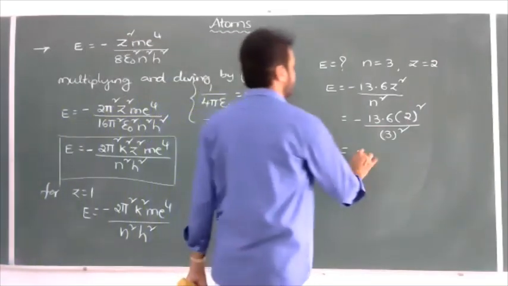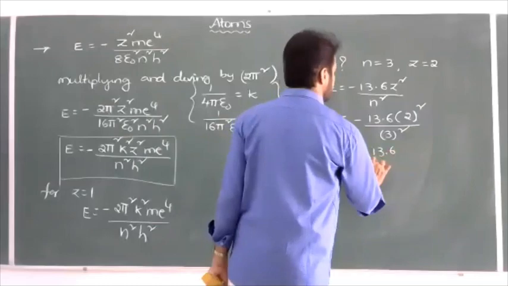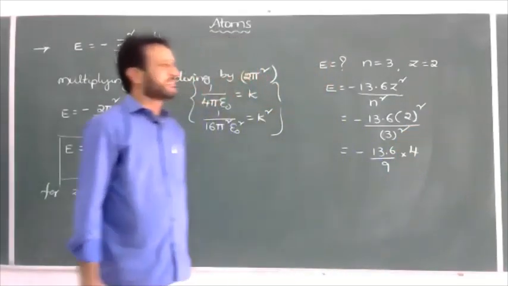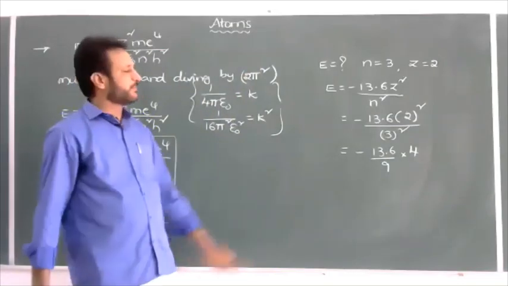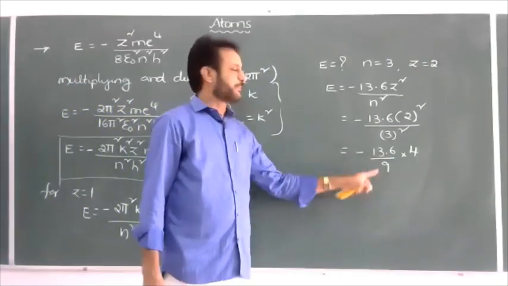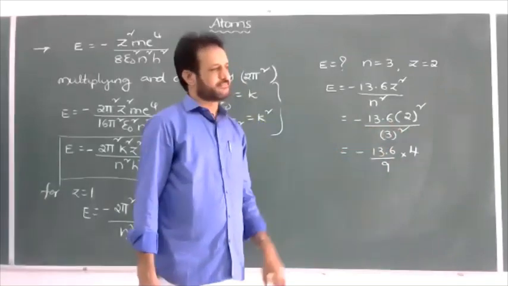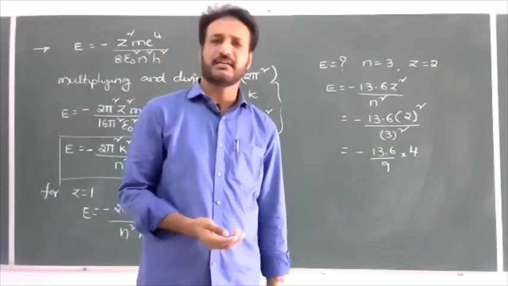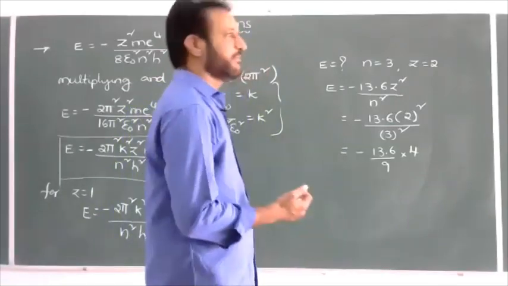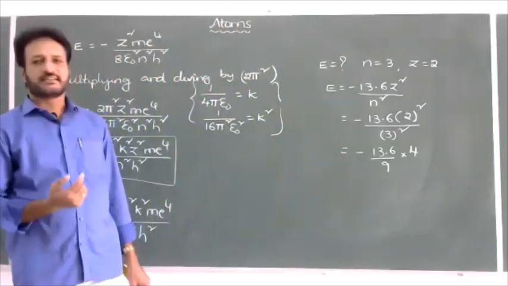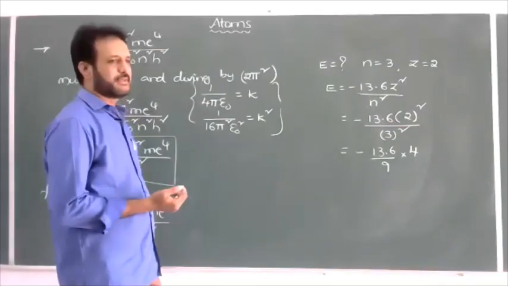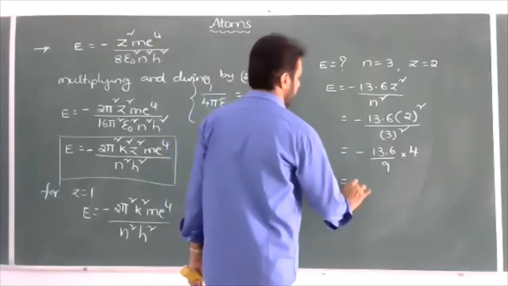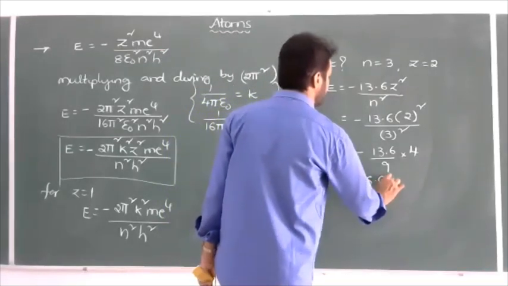Minus 13.6 by 9 into 4. So in the third orbit of hydrogen atom we know it is 1.51. This value 1.51 you should multiply into 4, because the first orbit of hydrogen atom is minus 13.6, the second orbit is minus 3.4, and the third orbit is minus 1.51. So 1.51 into 4 gives minus 6.04 electron volt.